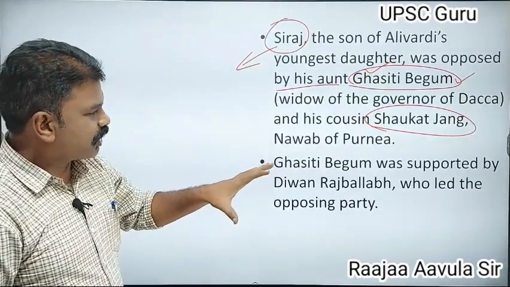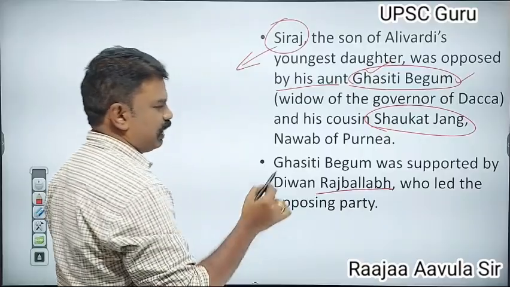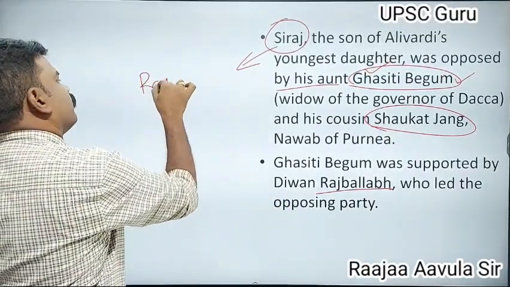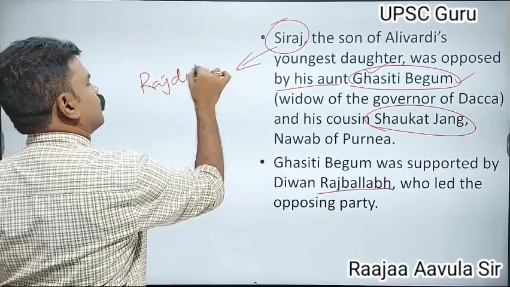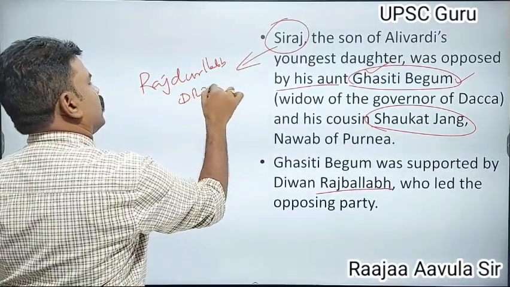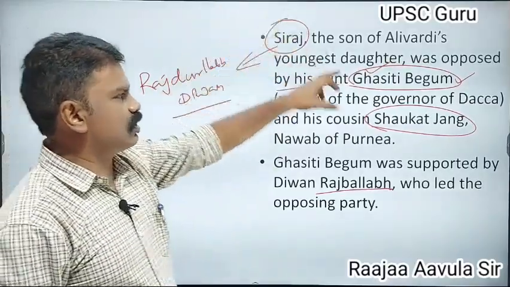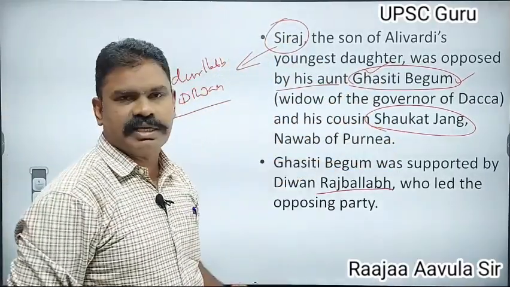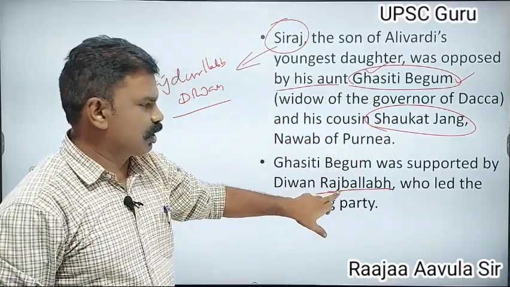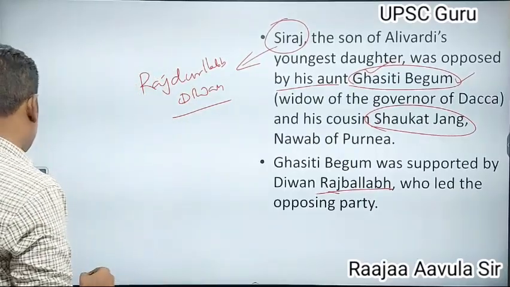Ghasiti Begum was supported by the Diwan Raj Durlabh, who led the opposition party against Siraj-ud-Dawla. Ghasiti Begum, Shaukat Jung and Raj Durlabh, these three became rivals of Siraj.